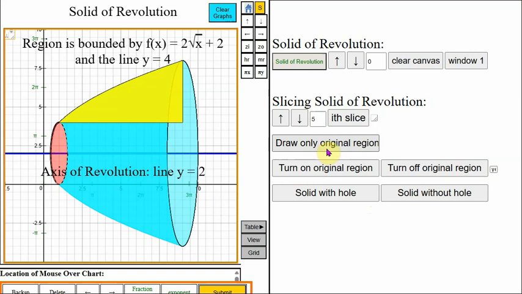Again, we divide the solid into many thin slices, find the volume of each slice, and then add them together. This is what the ith slice looks like. So let's go find the volume of this ith slice.